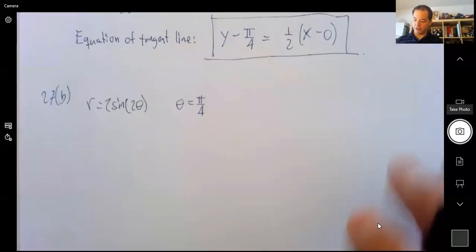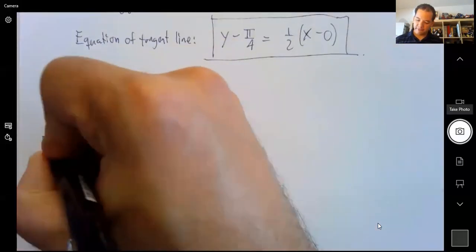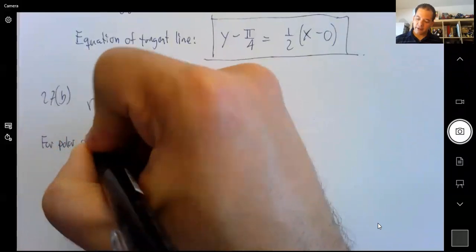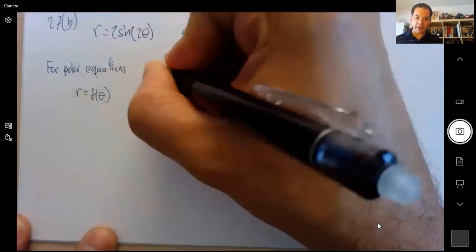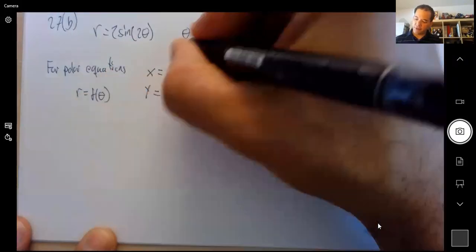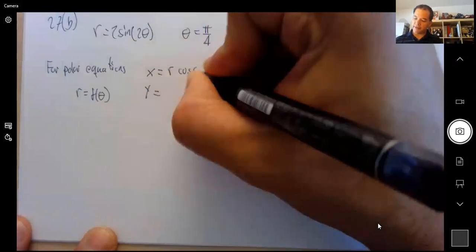So for polar equations, in general, you have the following. You have that r is f of theta. And then you need to remember how you can get x and y. Well, x is usually r cosine theta and y is r sine theta.